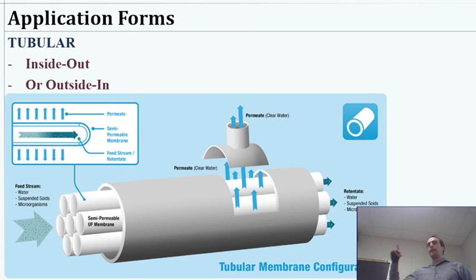So another possibility would be to use tubular membranes. We saw one of these in that little lab setup picture that we discussed, and essentially that one just had one tube, but here we could pack multiple tubes into a larger cylinder. So that's another reason we might see cylinders, where we'd have water coming in, and it's allowed to go into the inside of any one of these.